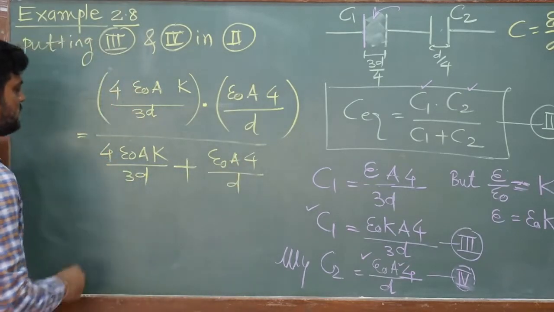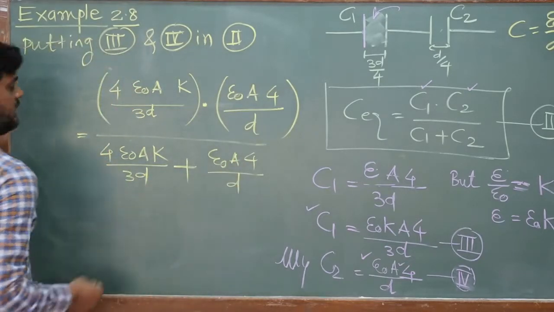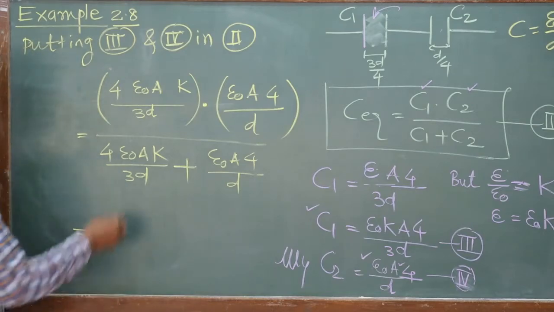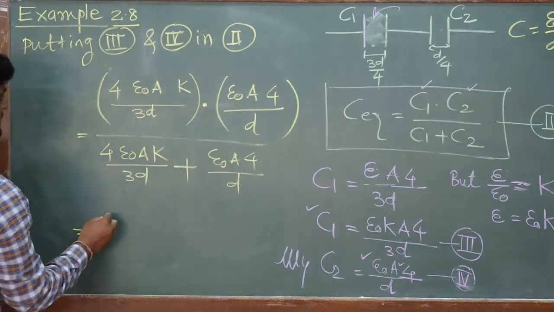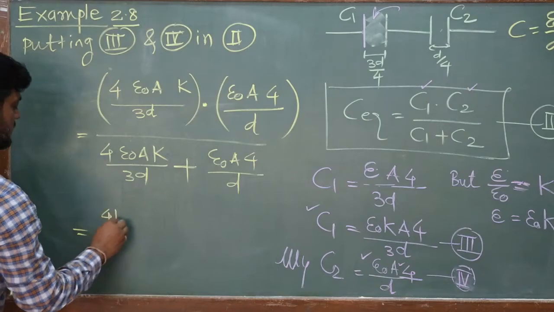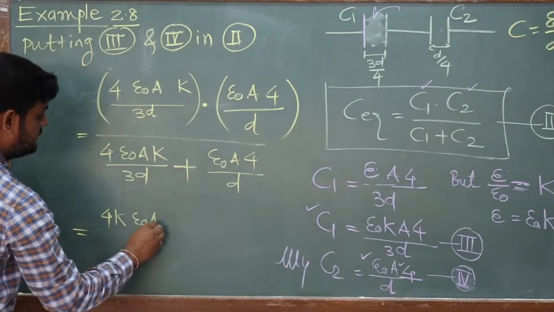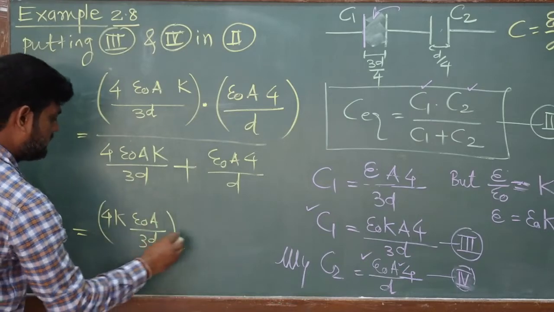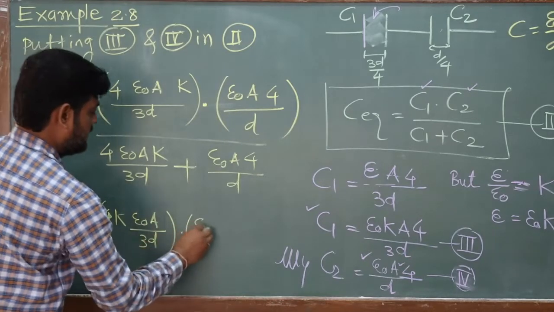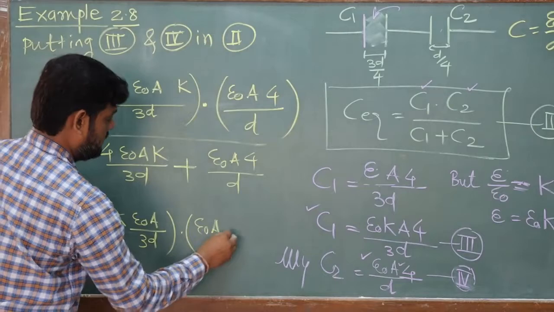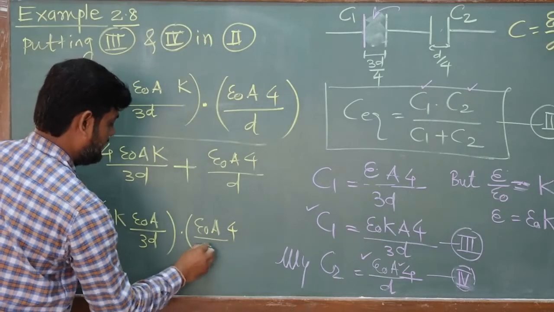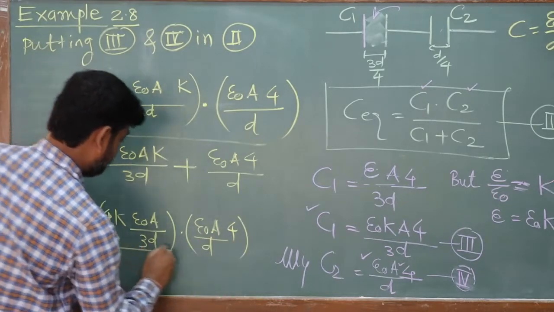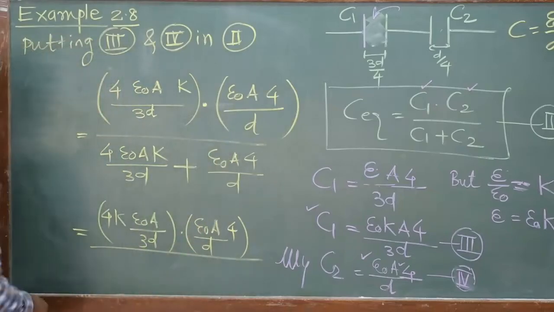D. What we can do over here? We can take some terms common. Upper term will remain as it is. 4 K epsilon 0 A 3D, right, into epsilon 0 4 divided by D divided by, take some terms outside.